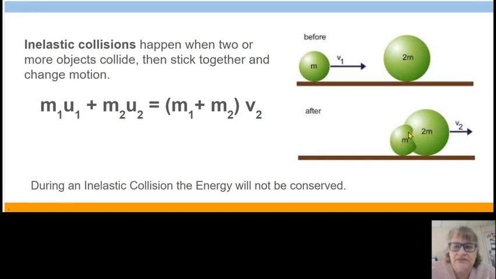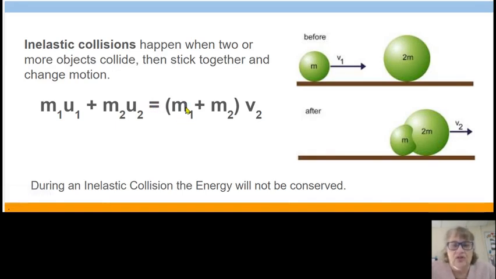So now I have, like, three kilograms. And then it has its own velocity when it goes, right? So the equation we're going to use is the mass of the first object times the beginning velocity of the first object plus the mass of the second object times the beginning velocity of the second object.